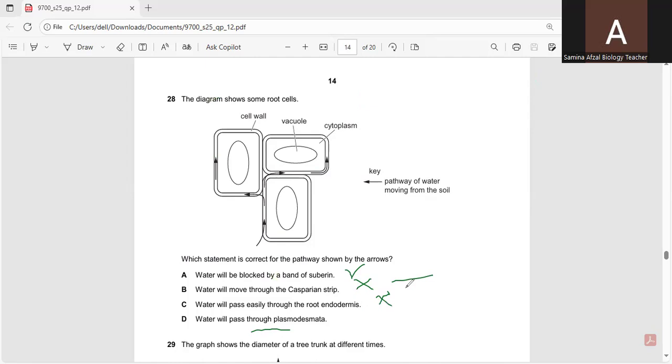Water is moving through the cell wall. The arrows show the water moving from the cytoplasm of one cell to the next through the cell wall. So A is the correct option.